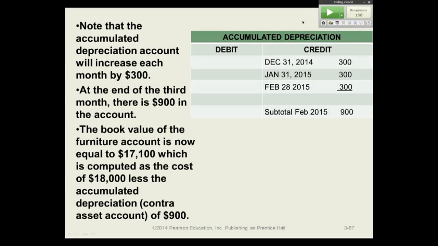But you've got accumulated depreciation for December, January, and February, and that's what we mean by accumulated. It means that it builds up or it adds up. So the net book value here is equal to 17.1. And that's what's on the balance sheet.